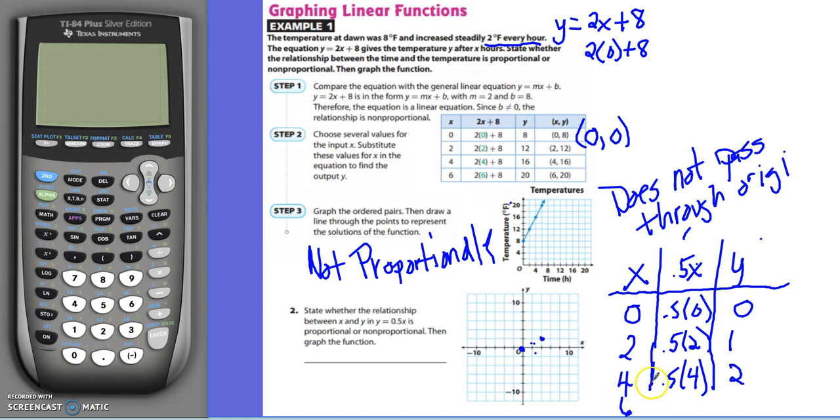If you wanted to do maybe one more, you could. Let's do 6. 0.5 times 6 would be 3. About there. Okay, so then we would draw our best straight line.